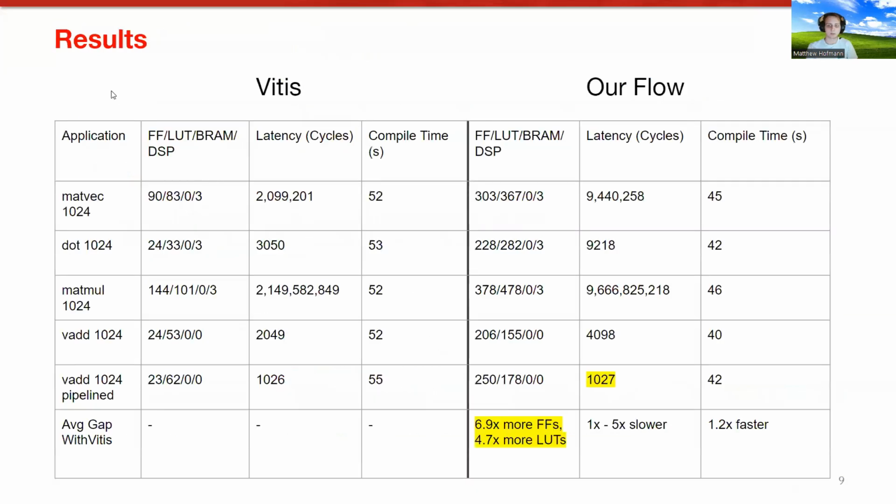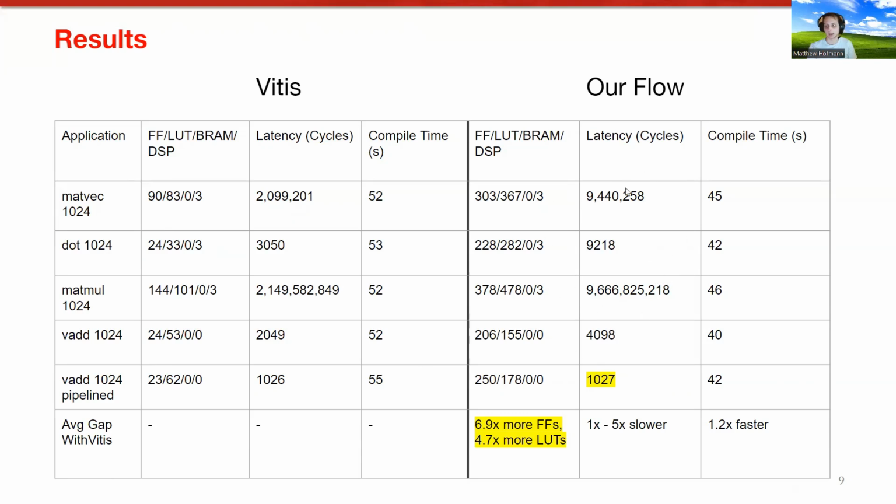So here we have some designs compiled through Vitis in our flow. We're looking at linear algebra operations, and the best result we get here is when we're doing vector add pipelining. So we get the same execution time. However, for things that are more sequentialized, we're getting worse runtime.